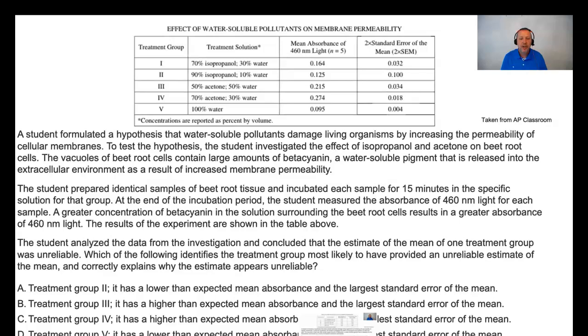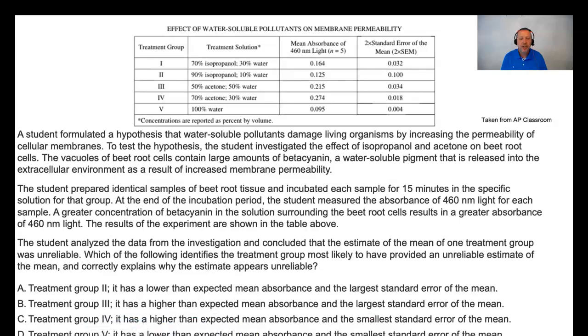It gives you the standard error of the mean and the mean absorbance, and then it says that one of these treatment groups didn't really follow what she wanted the experiment to do. So which one do you think it is and why? Your choices are there, right?